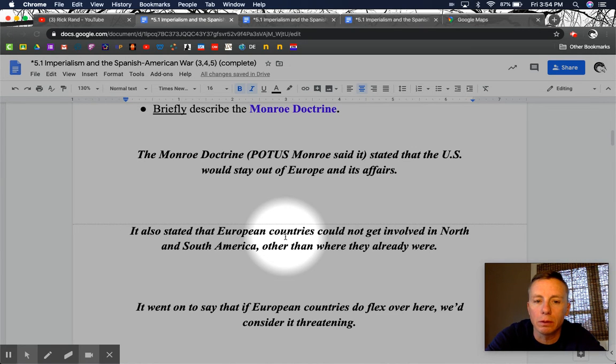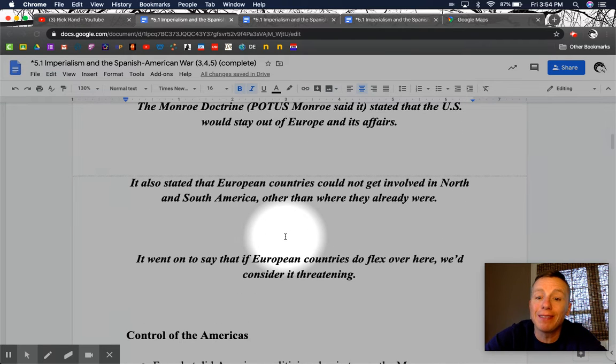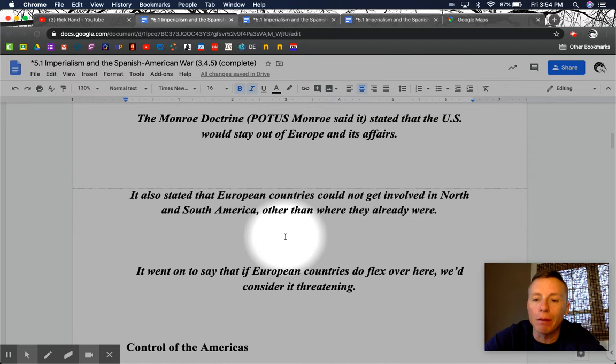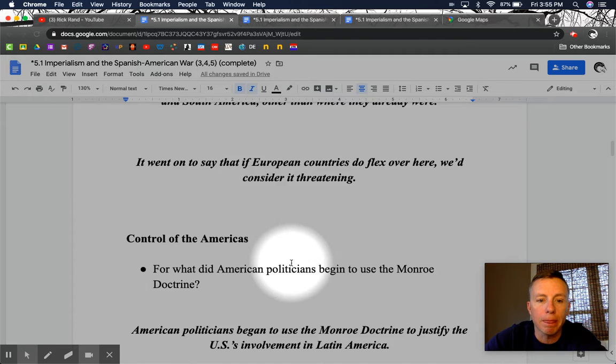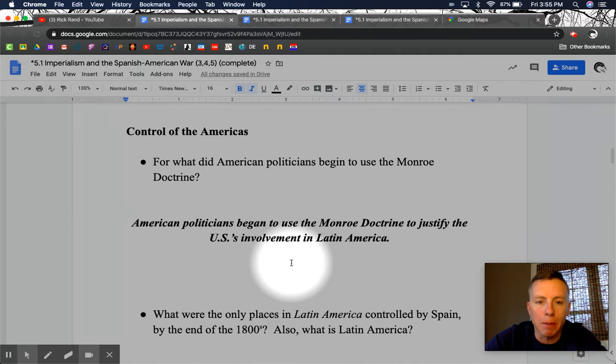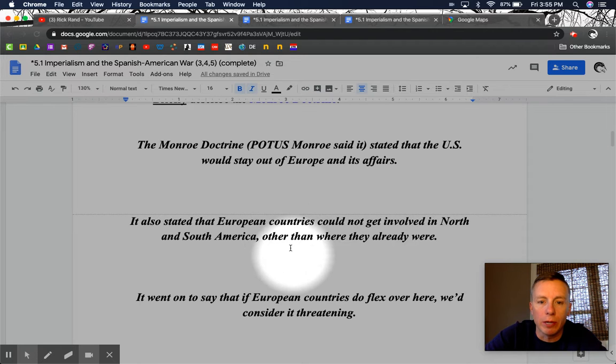Okay? And it further went on to say that if they came over here and got involved, America would consider it threatening. So it's like, we dare you to come over here type thing. So American politicians began to use the Monroe Doctrine a little bit more broadly than what these three things identified it to be.